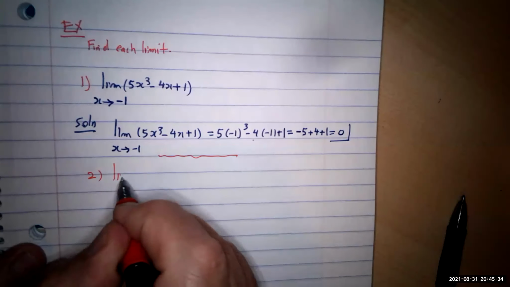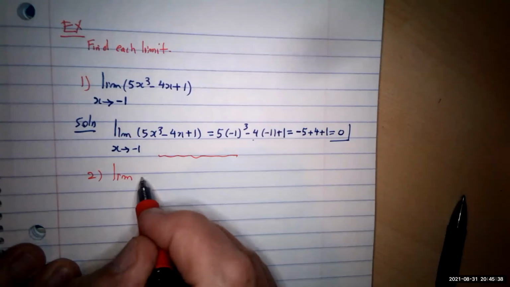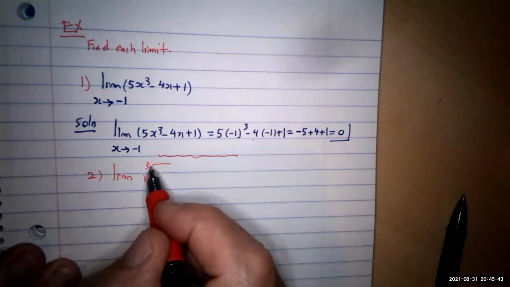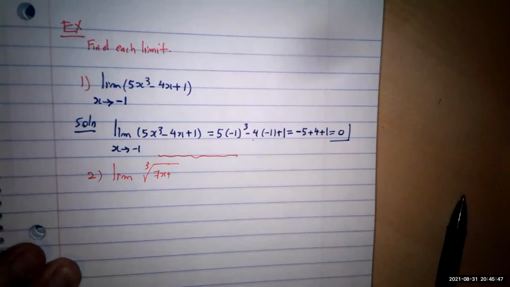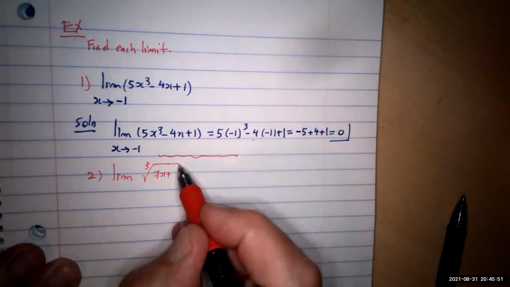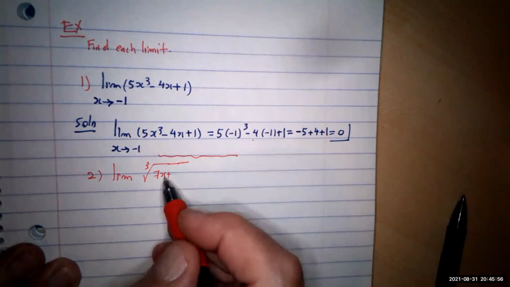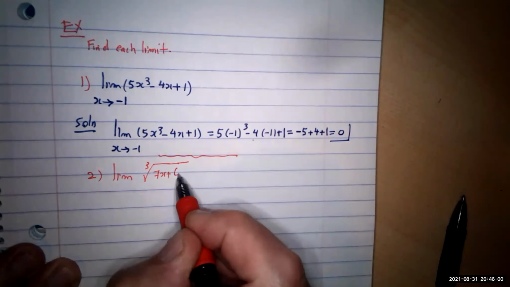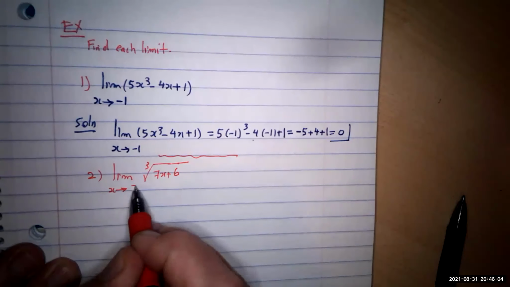You would like to find the limit of the cube root of 7x plus 6, when x goes to 3.